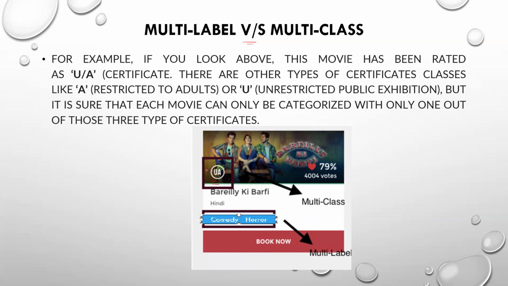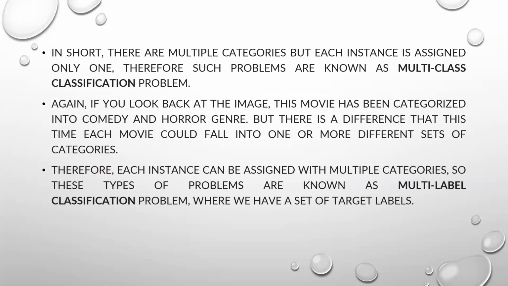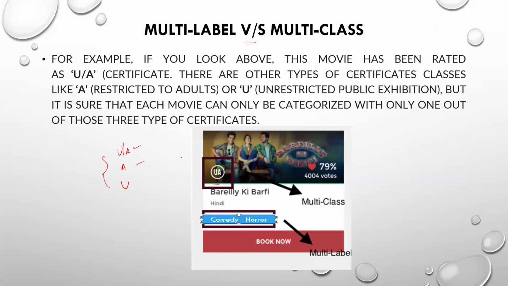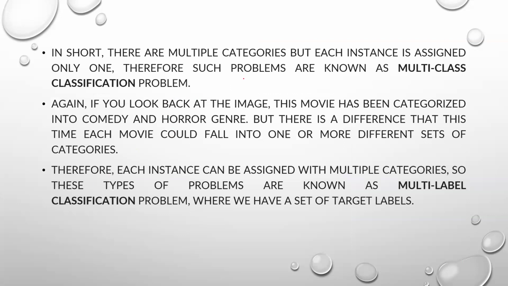But each movie can only be categorized with any one of these. They won't give more than one. They will give any one of these, yes or no? So that is the multi-class classification. There are multiple categories, but each instance is assigned only one. Therefore, such problems are known as multi-class classification problems.